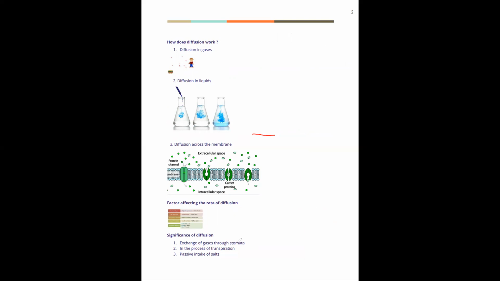What is the first significance? Exchange of gases through the stomata. We all know that stomata is a common opening from which water and some gases are being released continuously. So this diffusion helps in the exchange of gases.